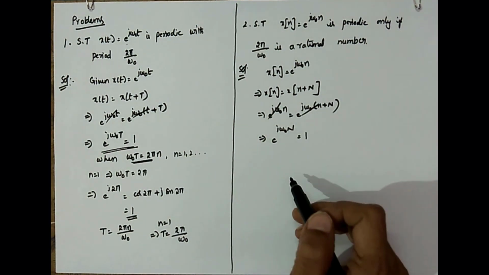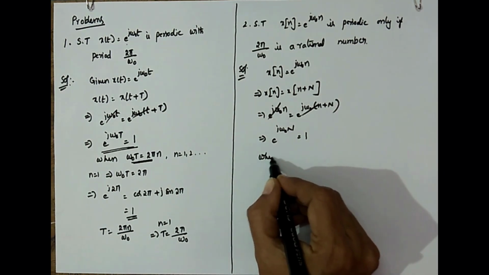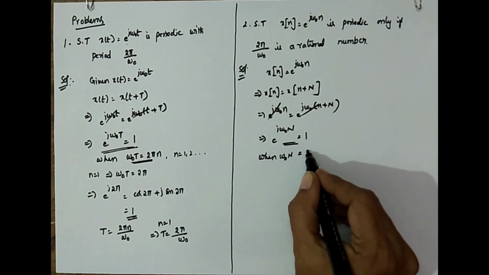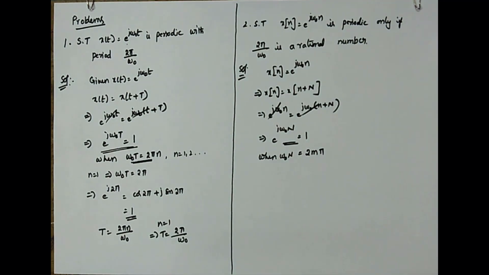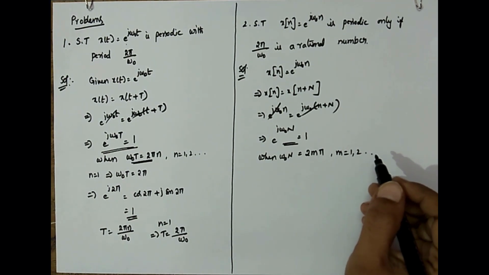This will be satisfied when omega naught N equal to 2 m pi, where m is 1, 2, etc.